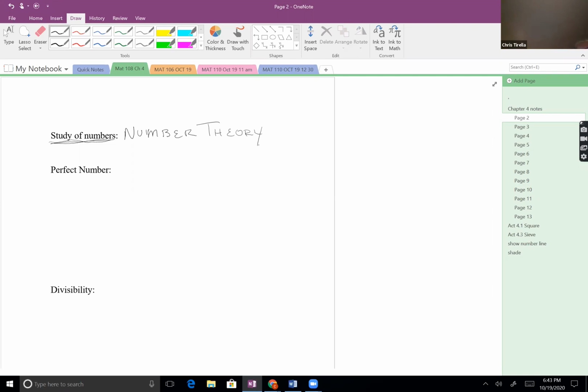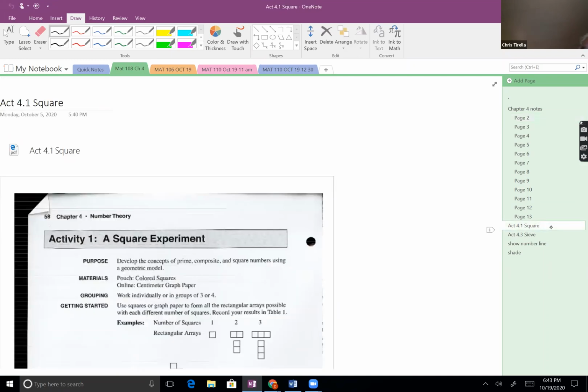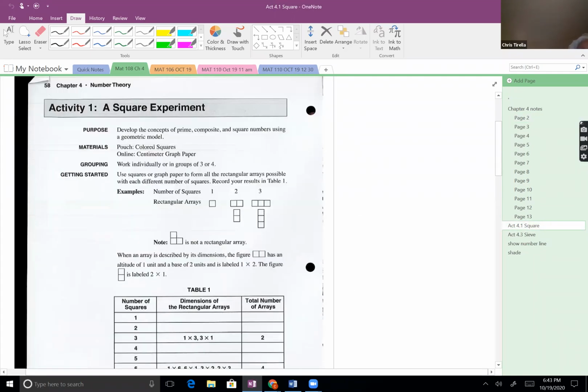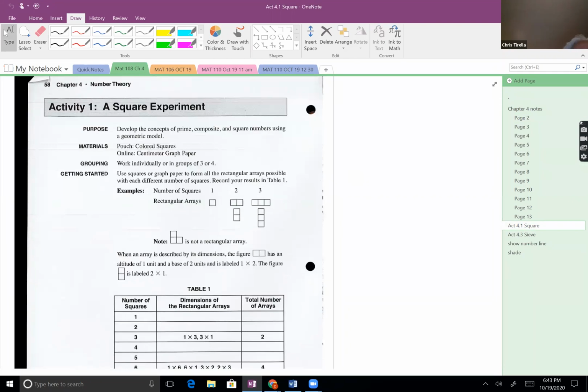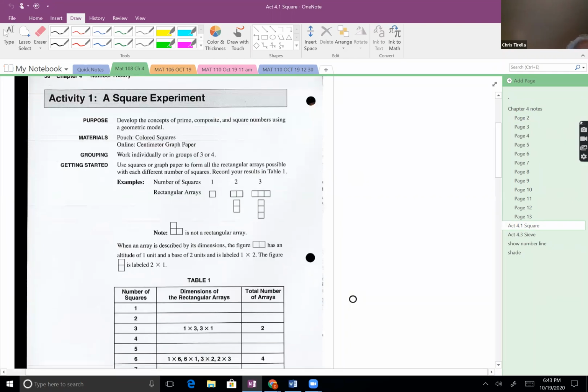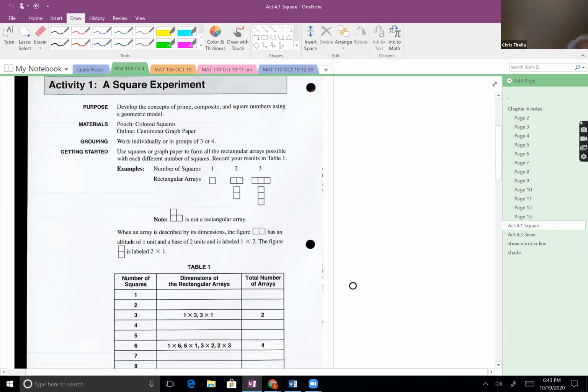it looks much prettier the way they present it in activity 4.1. And so I took the liberty of, at the end of the notes, uploading that activity 4.1. It says we want to develop the concepts of prime, composite, and square numbers using a geometric model.